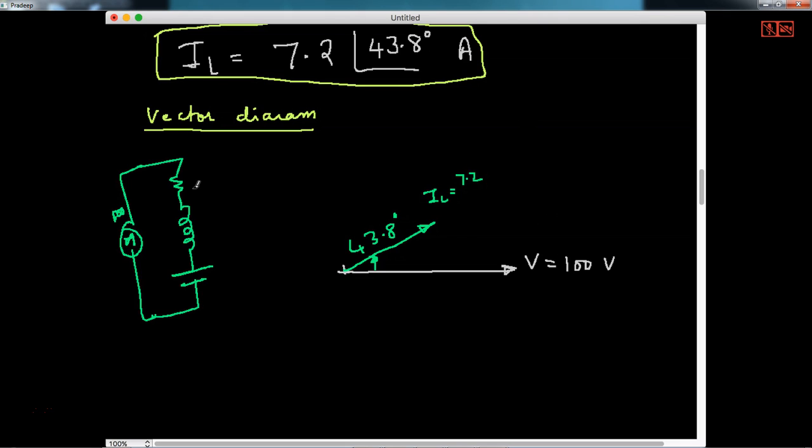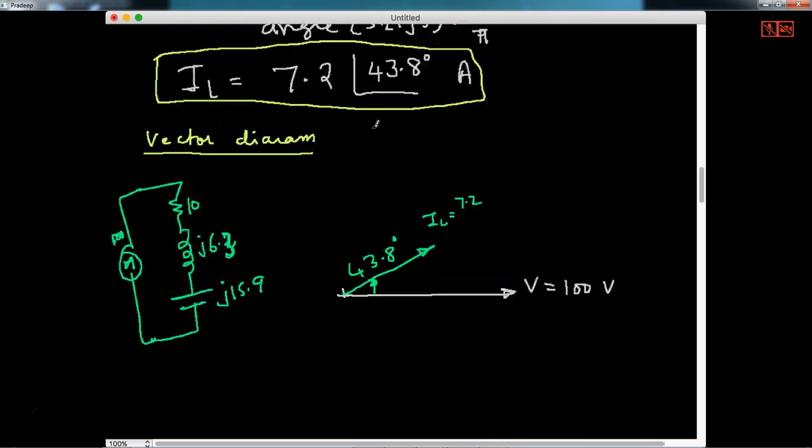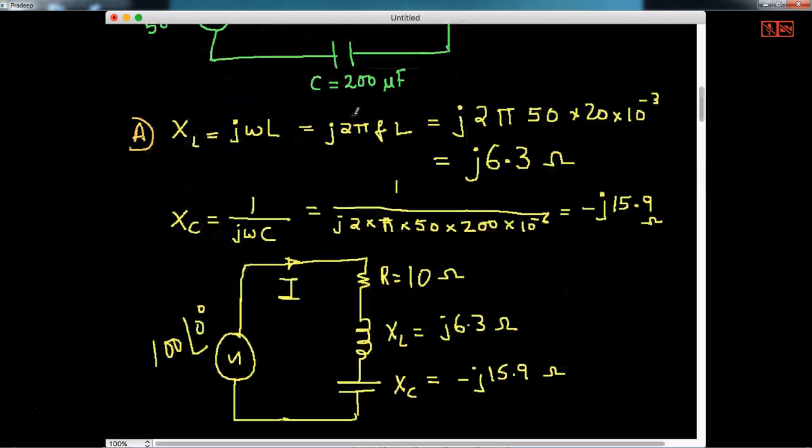So what is this voltage? This is 10, this is J 6.3, and then this is minus J 15.9.